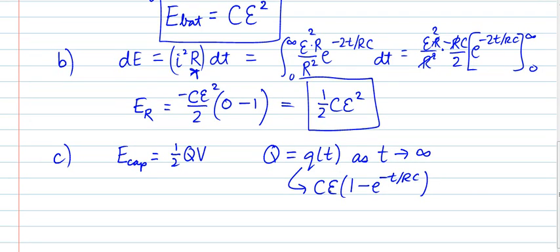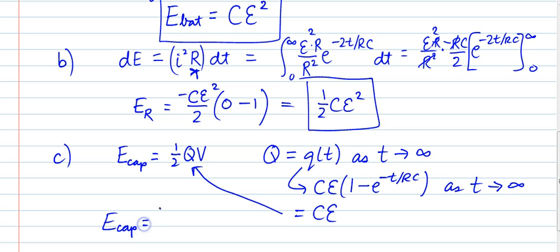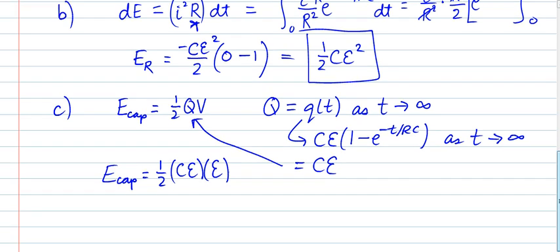We want the limit of this expression as t goes to infinity, and that's just going to be equal to CE. You can check my math, but it's basically 1 minus 0. So this gets plugged in for the charge here, and the energy in a capacitor is 1/2 times CE, and then the voltage itself is just E. This gives us that the energy in the capacitor is 1/2 C E squared.